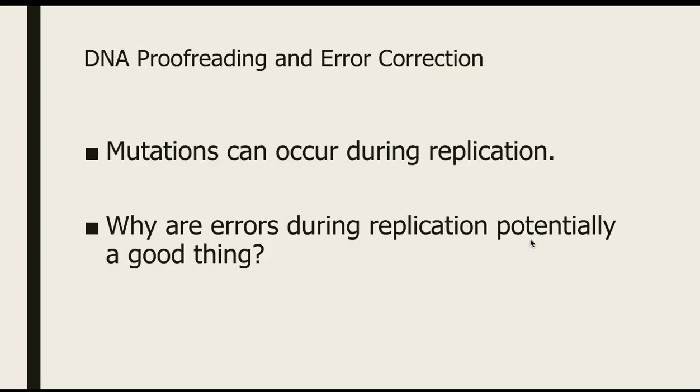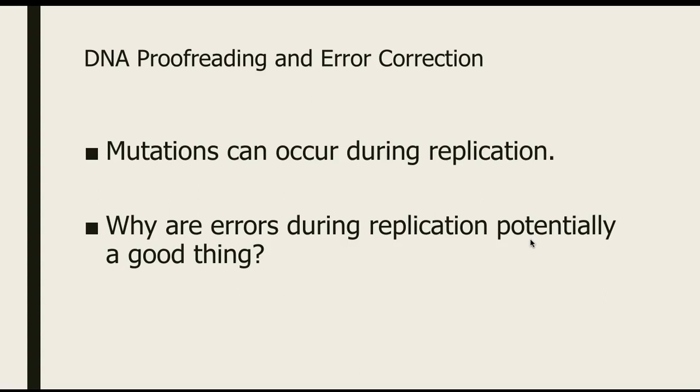So a lot of times when cells are going through cell division, they actually make mistakes. Like sometimes instead of matching A up with T, sometimes A gets matched up with C or G. And that is a basically normal process. Errors happen, and those errors are called mutations. We've talked about mutations before, but really haven't thought about exactly what a mutation is.